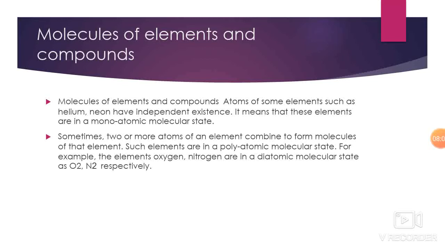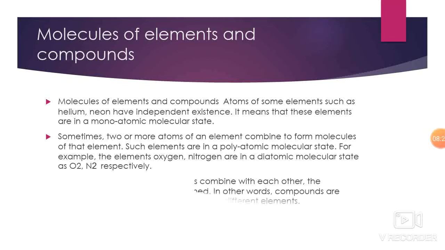Two atoms of the same constituent combine and form a molecule. Molecules are always written as O2, N2. It is not written only O. For example, the elements oxygen and nitrogen are in a diatomic molecular state as O2, N2 respectively.